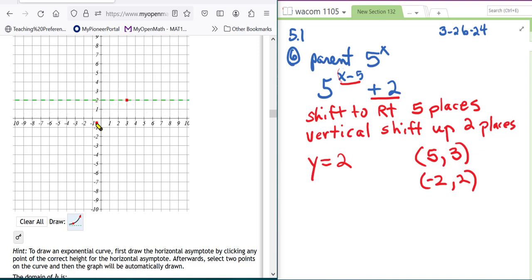Now I'm going to click the point 5, 3. And I'm going to click the point negative 2, 2, which should not be right. Why is it telling me that?